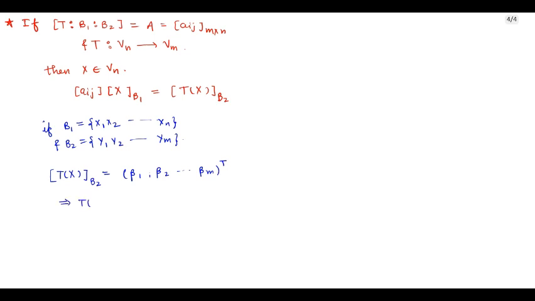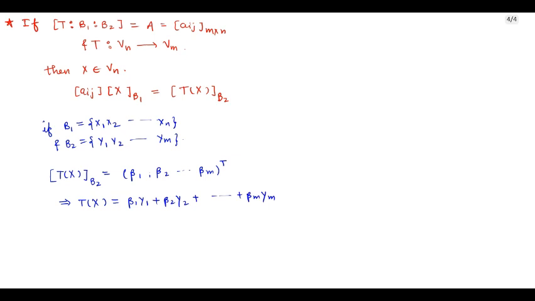So this implies that T of x is equal to beta 1 y1 plus beta 2 y2 and so on plus beta m ym. This is right or wrong? Right, sir.